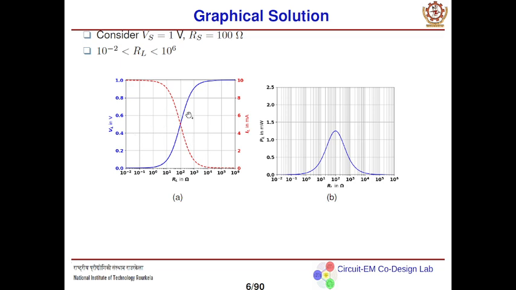In between there exists a region where optimum or maximum power transfer occurs. You can see here that at 100 ohm, because RS is 100 and RL is 100, the maximum power is delivered, and that maximum power depends upon your voltage and your source resistance.